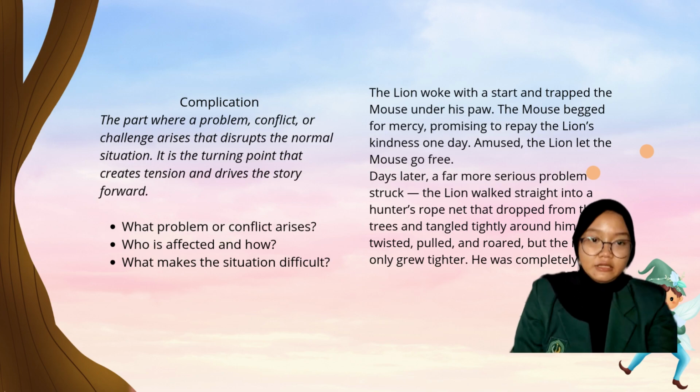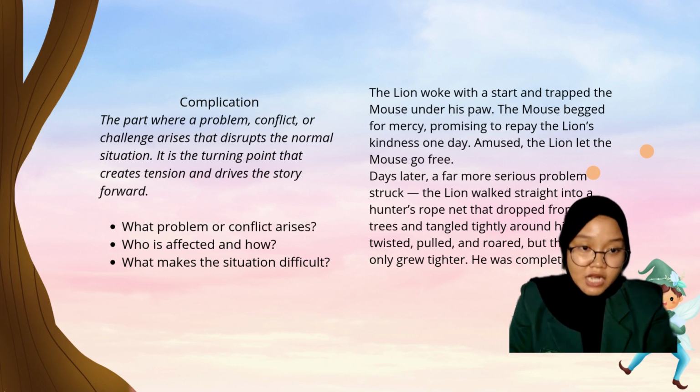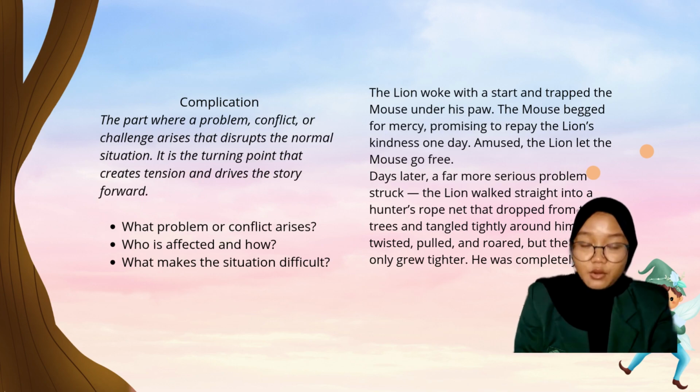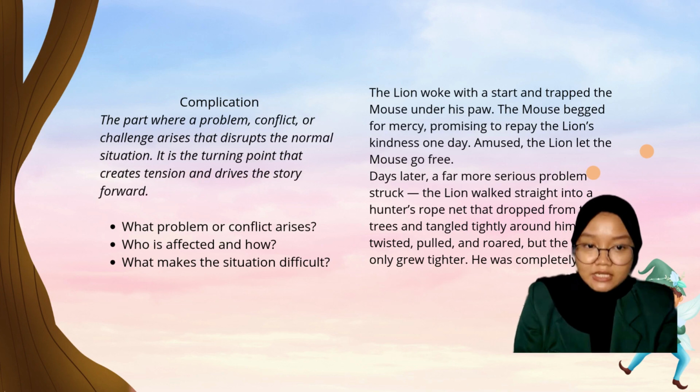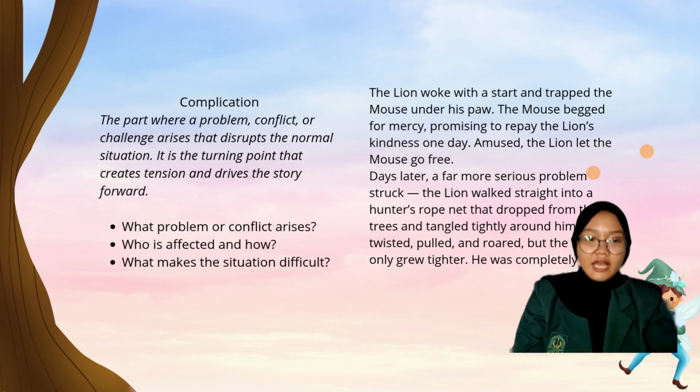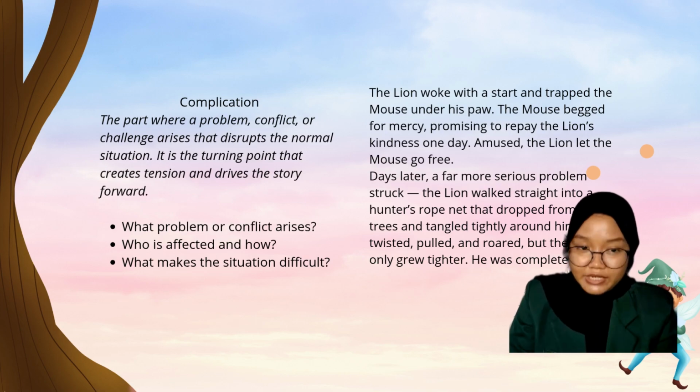For example, the lion walked with a start and trapped the mouse under his paw. The mouse begged for mercy, promising to repay the lion's kindness one day. Moved, the lion let the mouse go free.